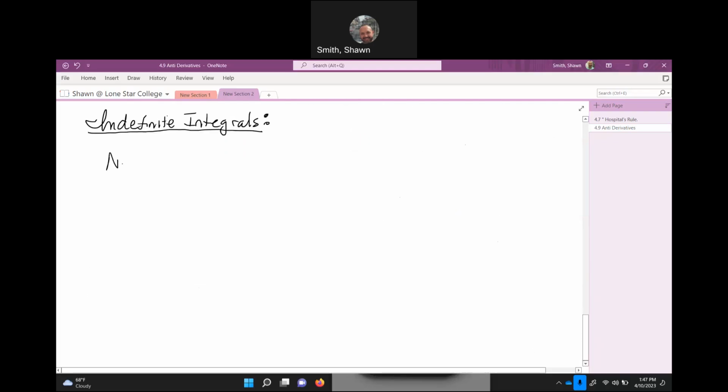Here's your notation. A big, long, almost like an S, okay? It's just like a scroll. That's pretty much all it is. That's the integral.